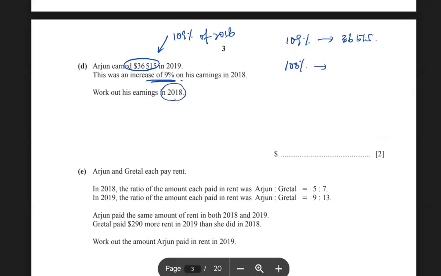The technique I teach you is first get to 1% first. So that means I divide by 109, then I times 100. Using direct proportion, divide by 109 times 100. It will be 33,500. It should be easy if you have practiced enough percentages.